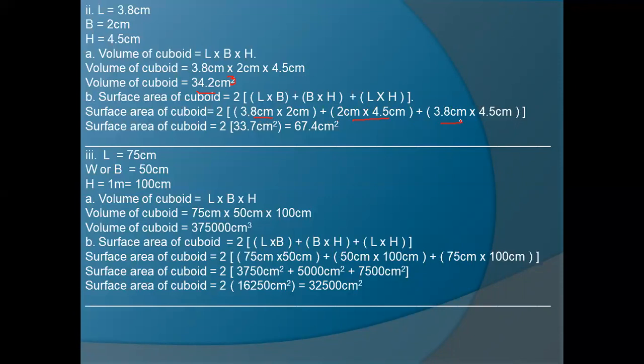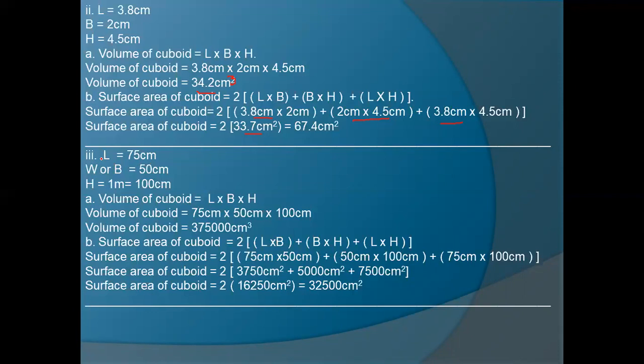After the multiplication and addition, we have got this answer 33.7 centimeter square, and it is equal to 67.4 square centimeter.